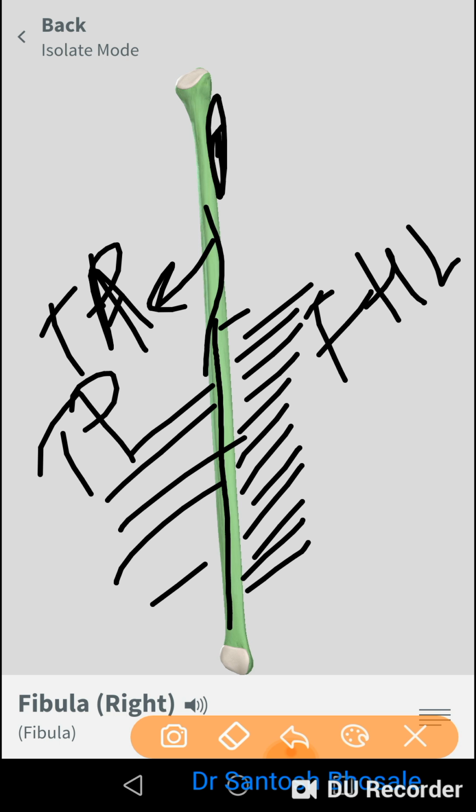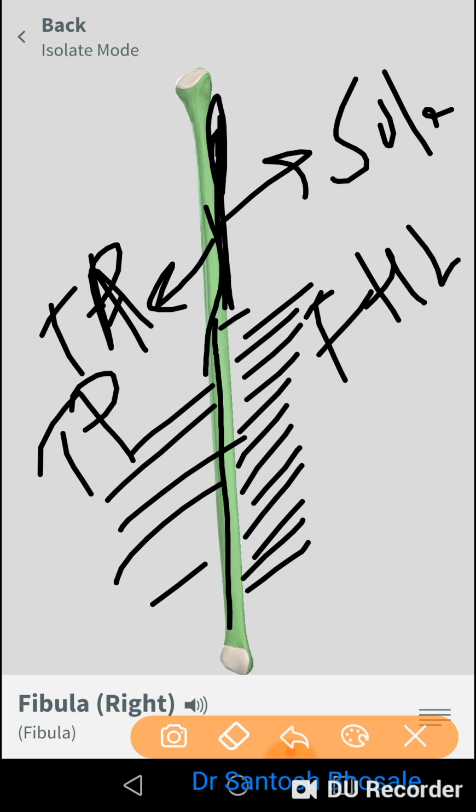Here you can see the anterior concave area gives attachment to tibialis posterior, and this area here to the soleus. The lateral part of the posterior surface gives attachment to flexor hallucis longus, whereas the medial part of the posterior surface of the shaft of the fibula gives attachment to tibialis posterior.